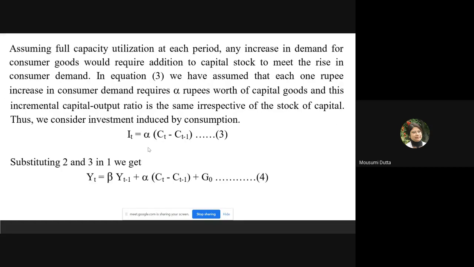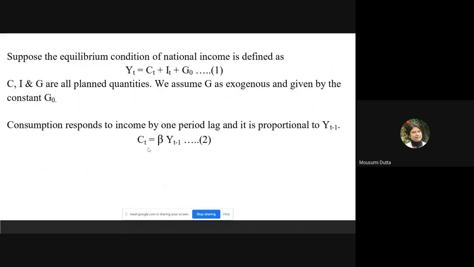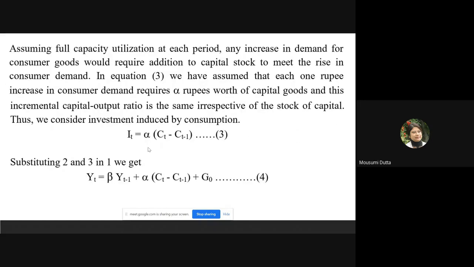In place of Ct, we are putting equation number 2, that is beta Yt minus 1. And in place of It, we are putting alpha Ct minus 1 plus G naught. So I'll tell everyone to write this equation, because at the next step, you have to replace Ct minus 1 in terms of y variable. Okay, so please write down this format. Yt is equal to beta Yt minus 1 plus alpha Ct minus 1 plus G naught.